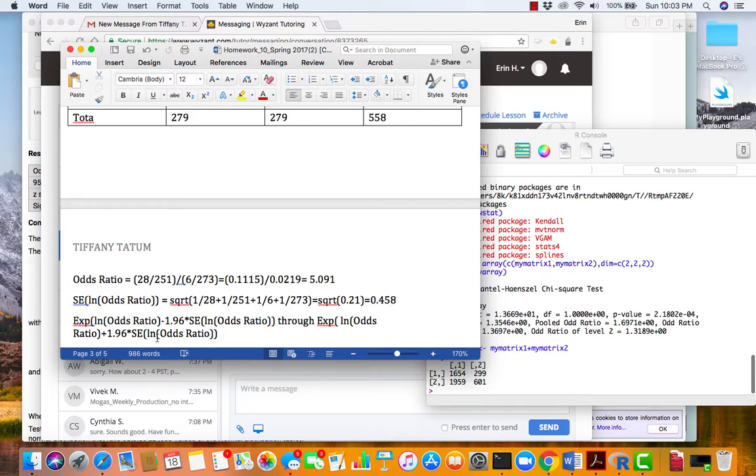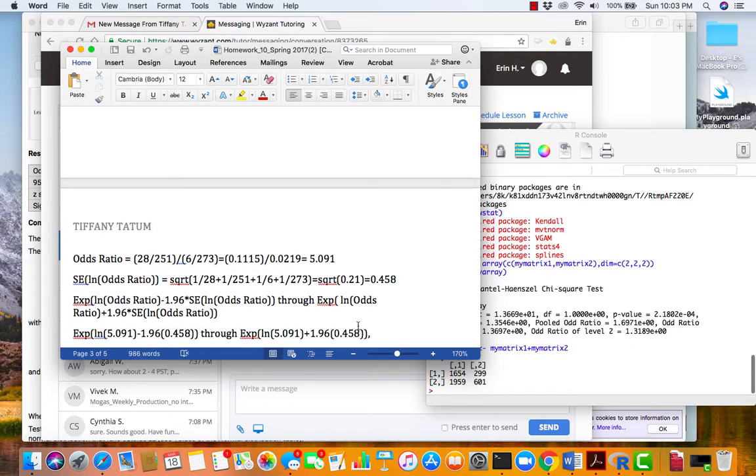Okay? So then to generate the confidence interval, you'll take e and raise it to the log, that's the natural log of the odds ratio, minus 1.96 times the standard error. And then the upper end will be e raised to the log odds ratio plus 1.96 times the standard error.